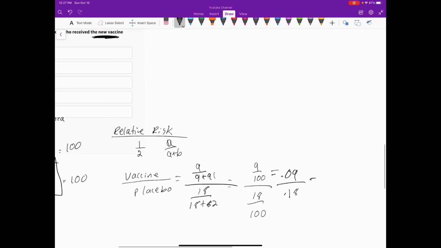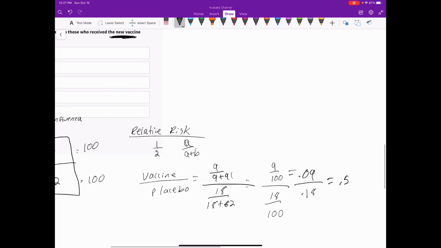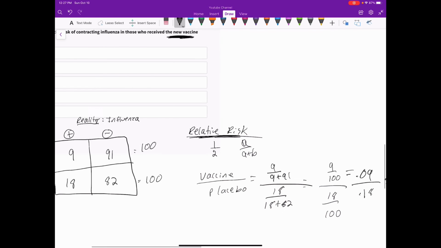Now, put it in the calculator again. What is 0.09 over 0.18? It equals 0.5. So we know our relative risk here is going to be equal to 0.5.